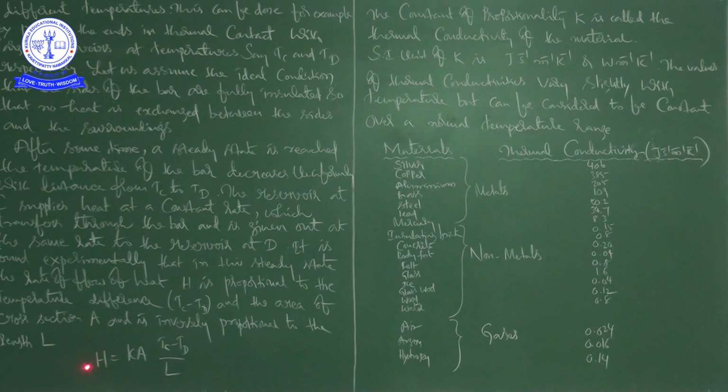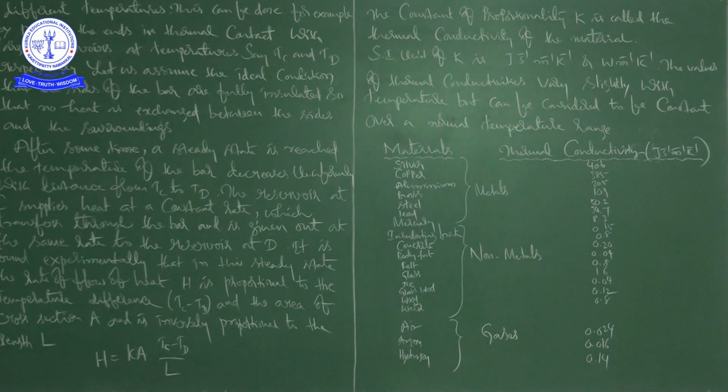In the numerator L is meter, in the denominator A is meter square, so one meter gets cancelled and one meter remains in the denominator, per meter. The temperature difference gives per Kelvin. So totally it is joule per second per meter per Kelvin.